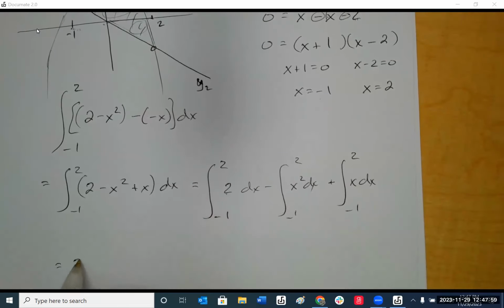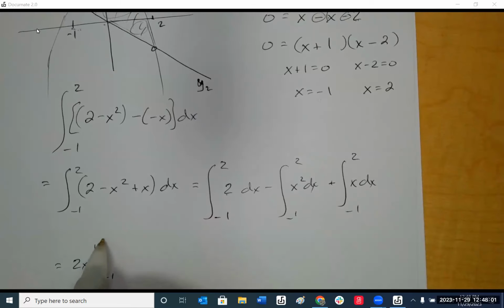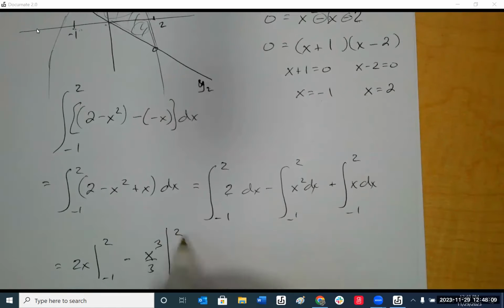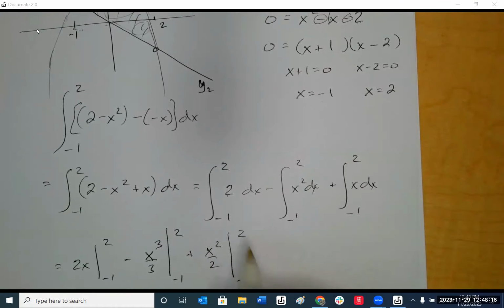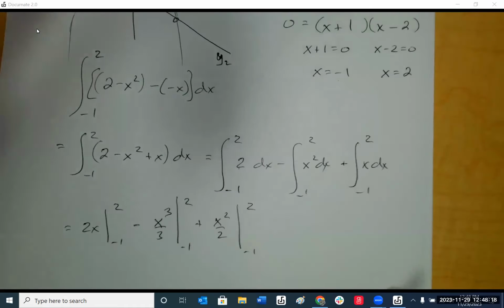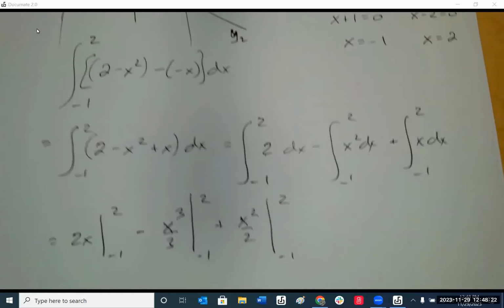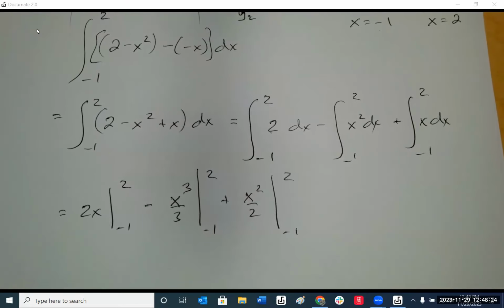So the integral of 2 is 2x, from -1 to 2. The integral of x squared is x cubed over 3. And of x, it's x squared over 2. And then we just have to plug them in.